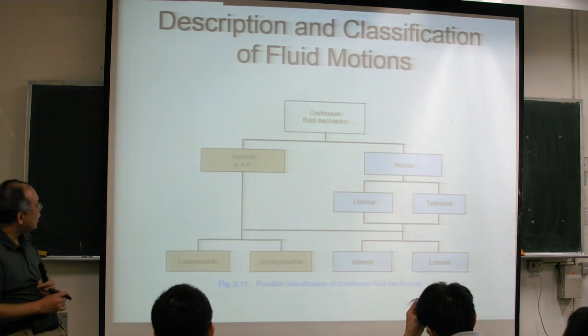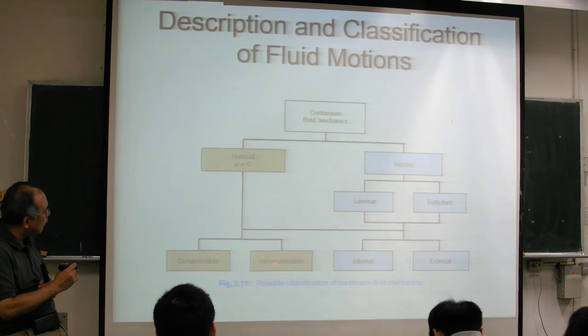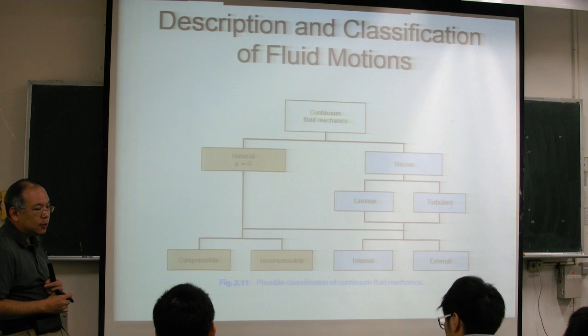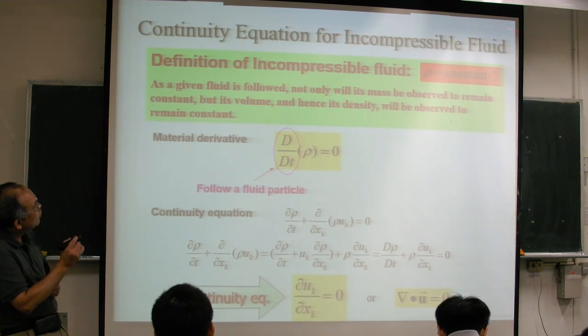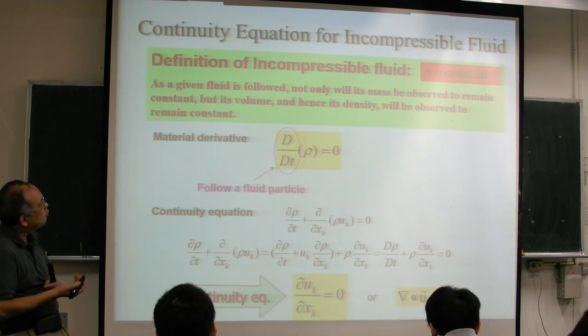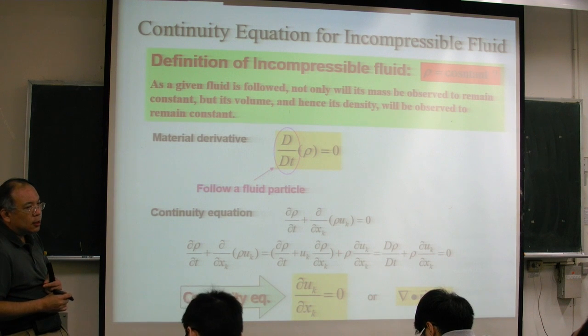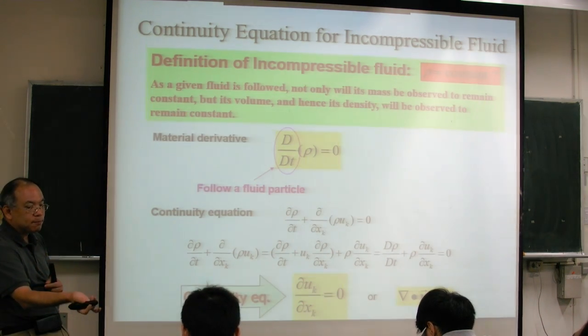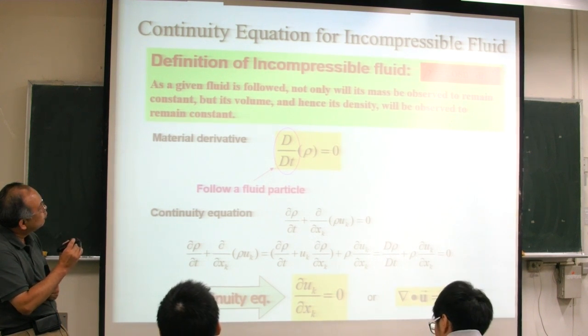Okay, let's review a little bit what compressible and incompressible mean. So, the continuity equation for incompressible fluid. For ideal fluid, we call this ideal fluid an incompressible fluid. In your undergraduate studies, you talked about incompressible fluid as rho equal to constant.